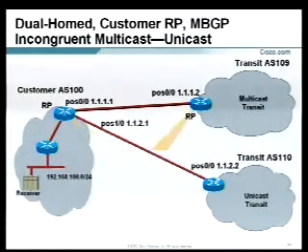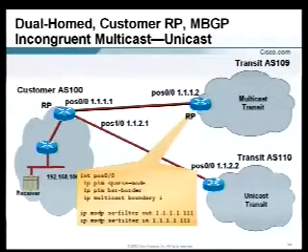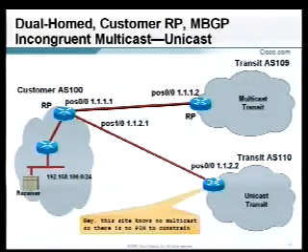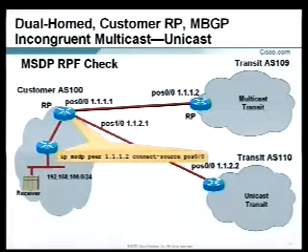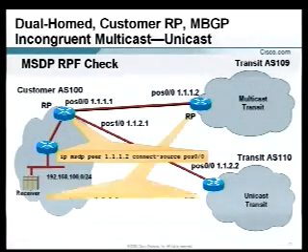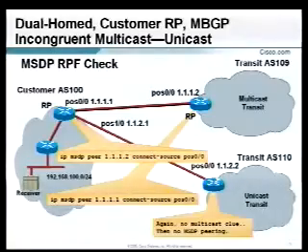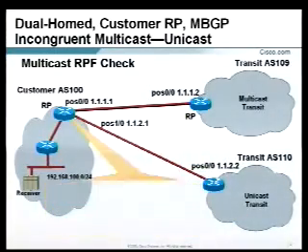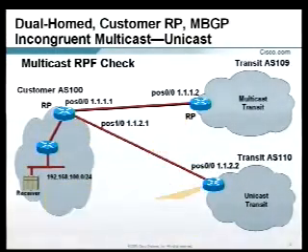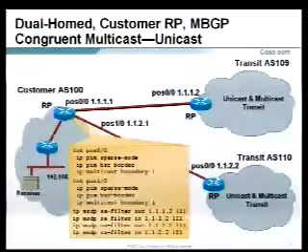So you'll just be setting up filters with that transit provider. The MSDP RPF check, again, you just have one MSDP peering, so it's a no-brainer. There's no check necessary. If there was, you would just use MBGP and decide which path you should accept. And the Multicast RPF check is done similarly with BGP.